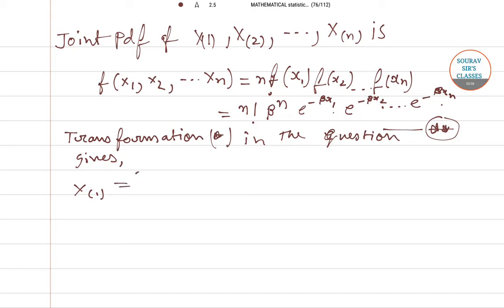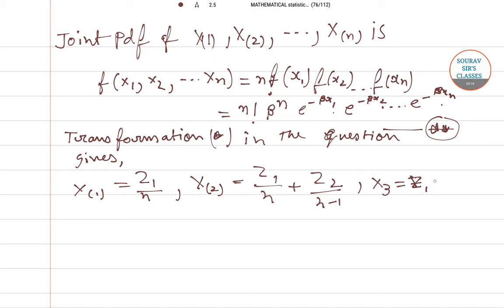The transformation gives x1 equals z1 by n, x2 equals z1 by n plus z2 by n minus 1, and x3 equals z1 by n plus z2 by n minus 1 plus z3 by n minus 2, and so on up to xn.